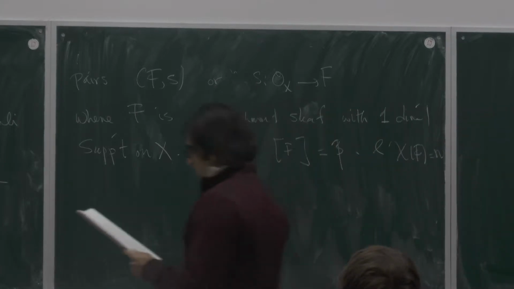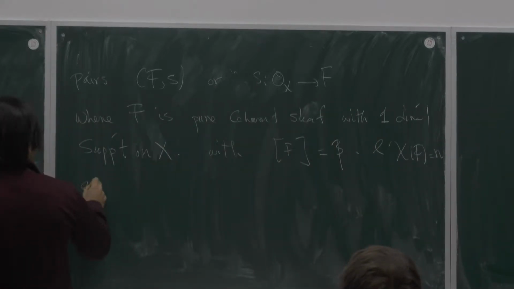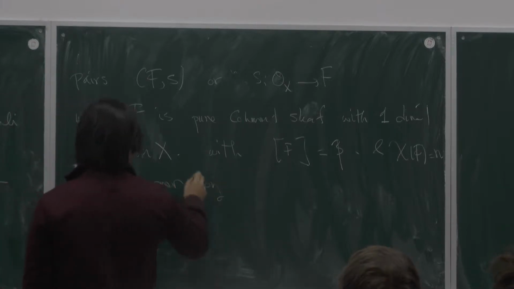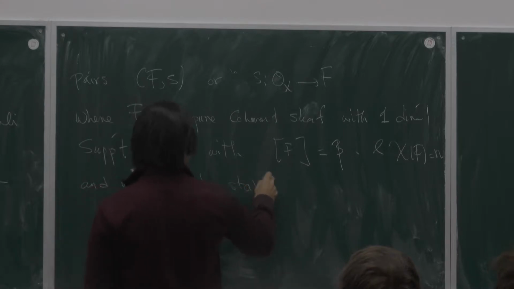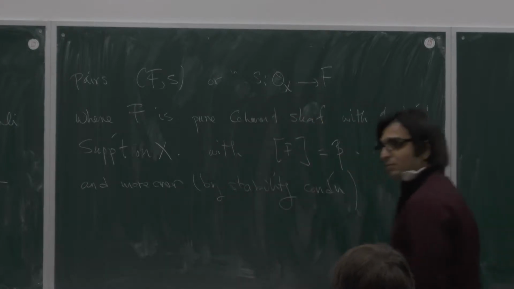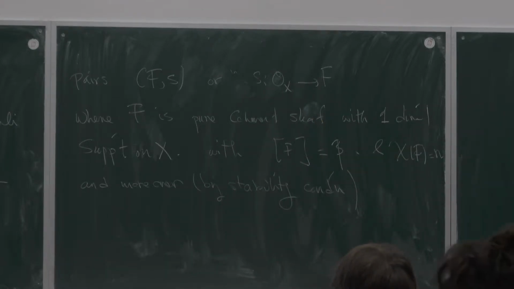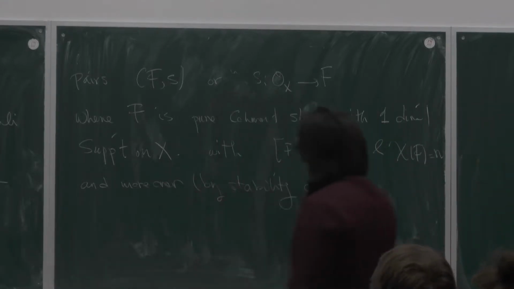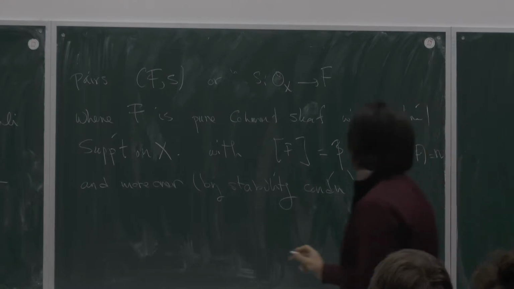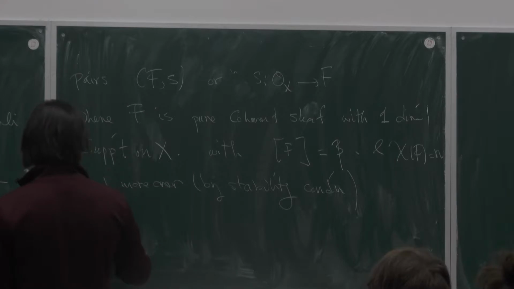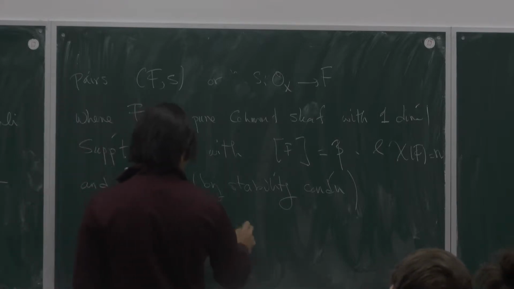Okay, and moreover, by some stability condition, these are called pair stabilities, we would like this section map to satisfy the condition that the cokernel of s is a zero-dimensional sheaf.